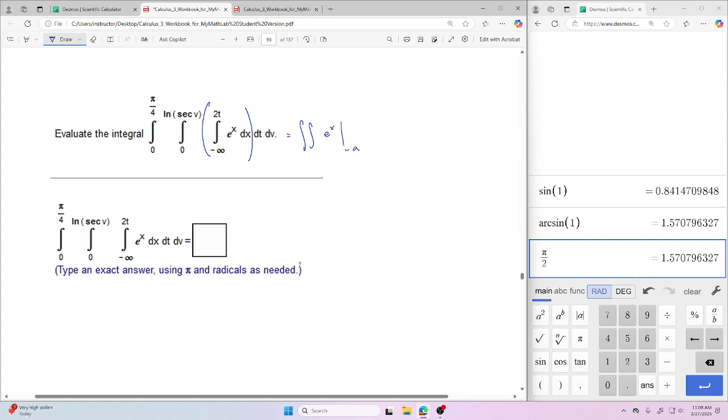Cool. Hey, we're not there yet. We're not there yet. I'll deal with that problem later. So I plug in the 2t. That one's easy. And then I have e to the negative infinity. And you might be saying, Chad, you're not allowed to plug in an infinity.